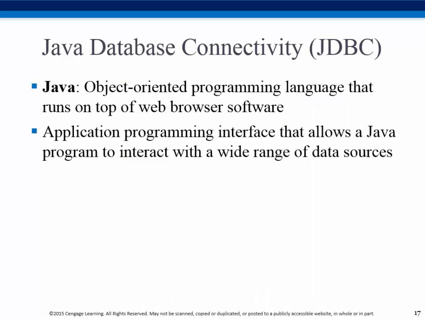Alright, Java is an object-oriented programming language developed by Sun Microsystems that runs on top of web browser software. Java is one of the most common programming languages for web development. Sun Microsystems created Java as a write-once, run-anywhere environment, which means that a programmer can write a Java application once and then run it in multiple environments without any modification.